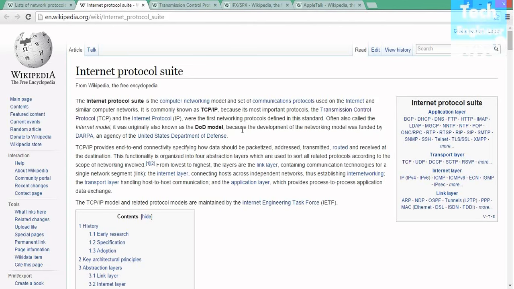We learned what the requirements for TCP/IP were, and this is one such protocol built as a standard so that every vendor's computer is able to communicate with each other, and it's still very much used as the protocol for the internet.